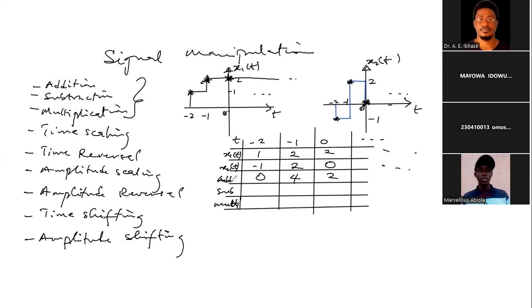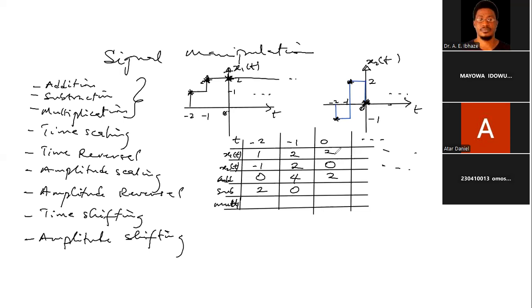Now let's perform subtraction. 1 minus -1 becomes 1 plus 1, which is 2. 2 minus 2 is 0. 2 minus 0 is 2.